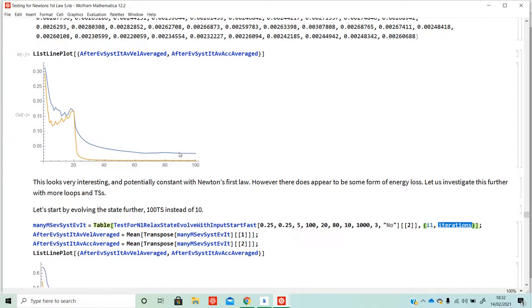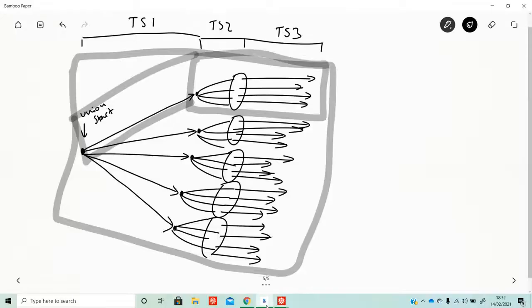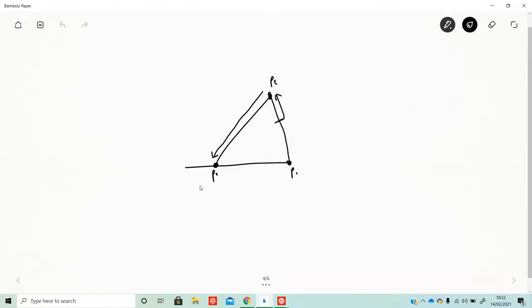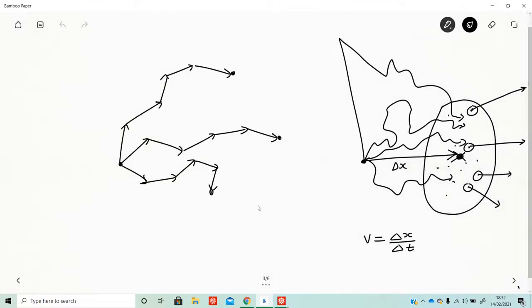However, it looks as though we've got quite a large energy gap here, right? Where suddenly the velocities are really high, and then suddenly we go to a really low velocity. And this is because, like I said before, when we're looking at this system, everything moves in lots of different directions.